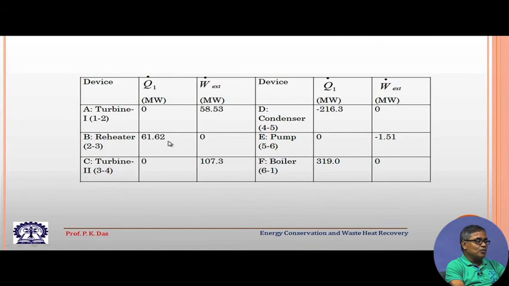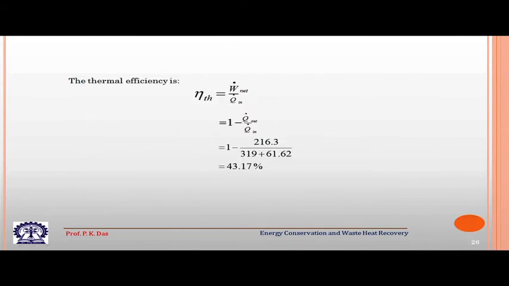So, total amount of heat addition will be 319 plus 61.62. Total amount of work will be the work done by turbine 1 plus the work done by turbine 2. So, 58.53 plus 107.3. Well, with this let us go to the next stage of calculation.